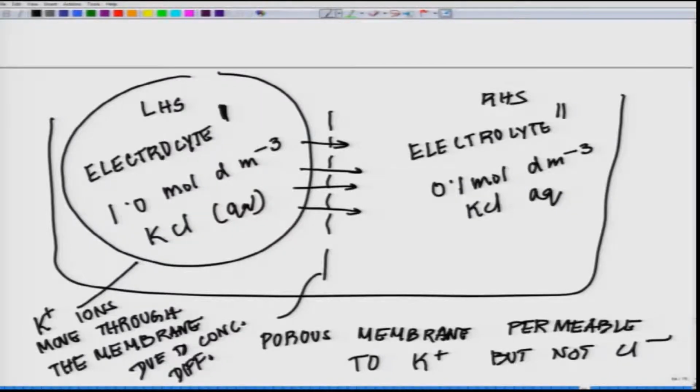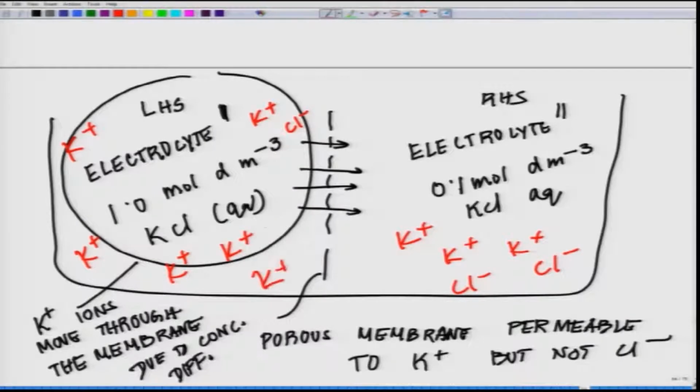Whereas, on the left hand side the movement of the ions results in a small charge on the membrane. So, on this side you are having K plus, Cl minus. On this side you have K plus, K plus, K plus, Cl minus, on both sides the same. It is only on this side you have a lot more K plus as compared to the other side, and automatically you will have Cl minus, but we are not bothered about Cl minus at this point because Cl cannot move.